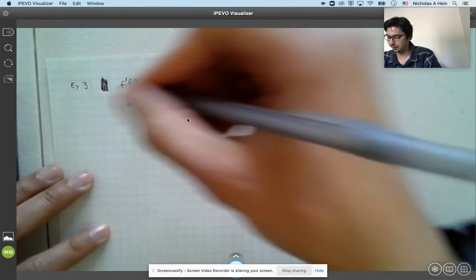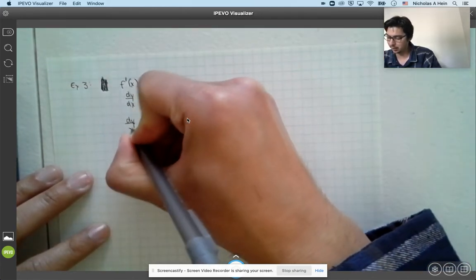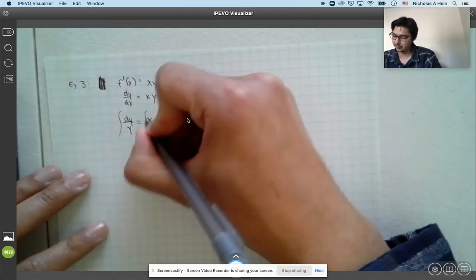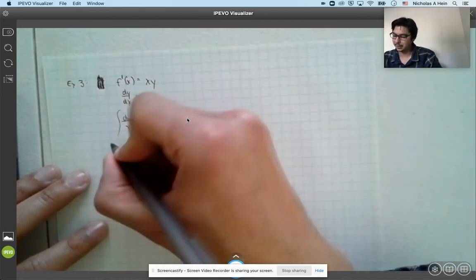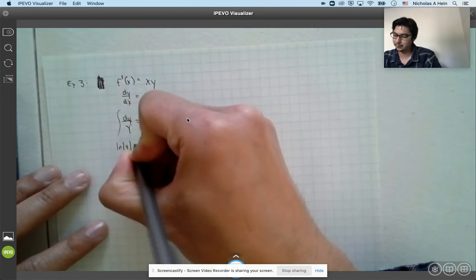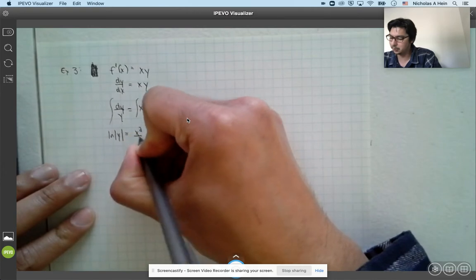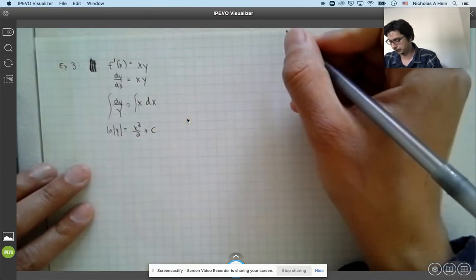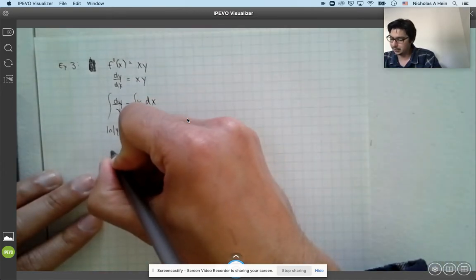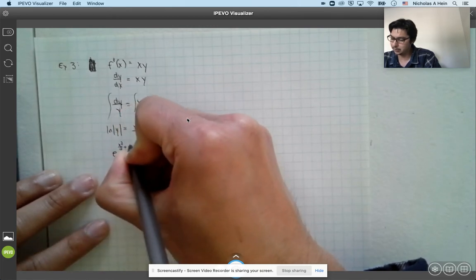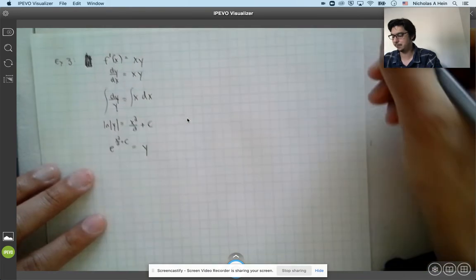Okay, separating variables there, we'd have dy over y equals x dx. We integrate, and we'd have natural log of y is equal to x squared over 2 plus c. Raising both sides to e, we'd have e to the x squared over 2 plus c is equal to y.